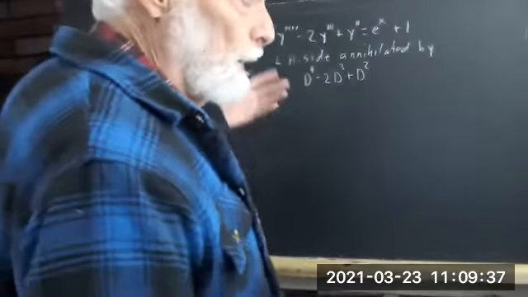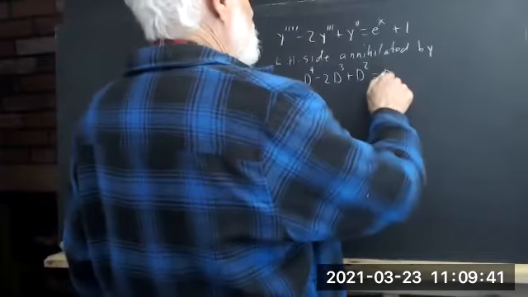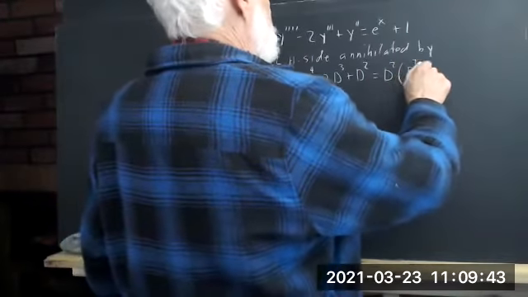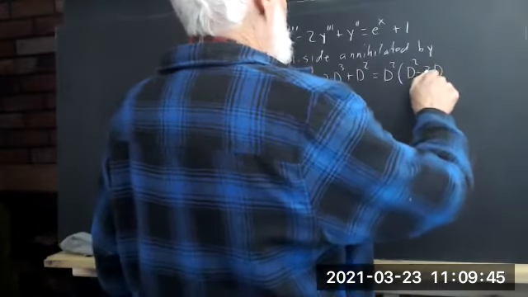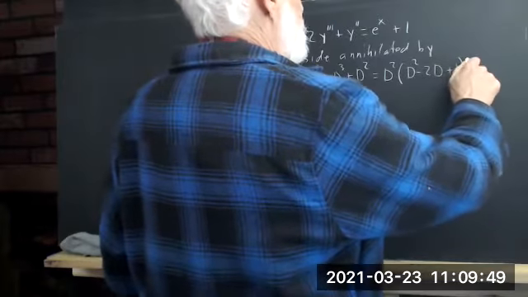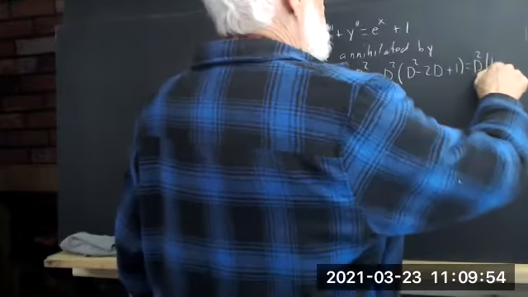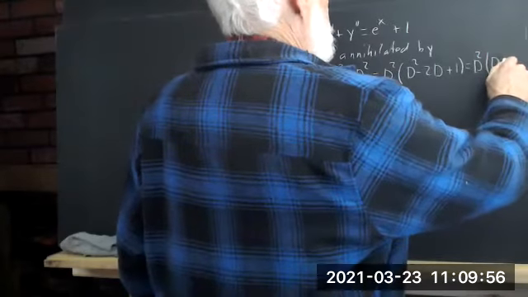Very straightforward. We understand why it's annihilated. And of course, then this can be written as D squared multiplied by D squared minus 2D plus 1, which is D squared times D minus 1 quantity squared.